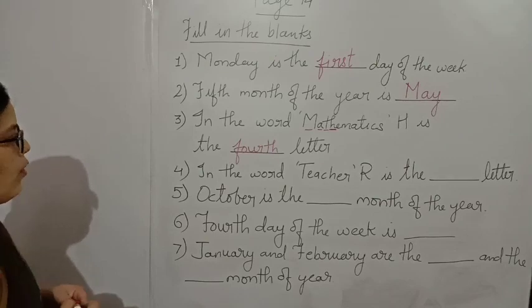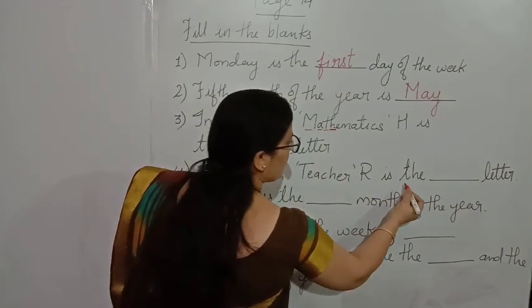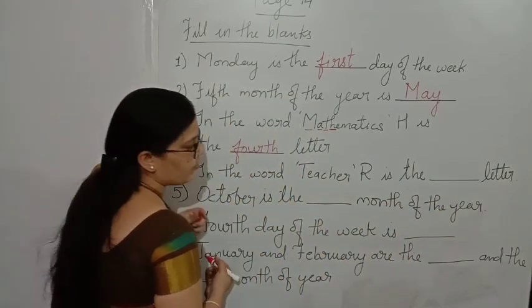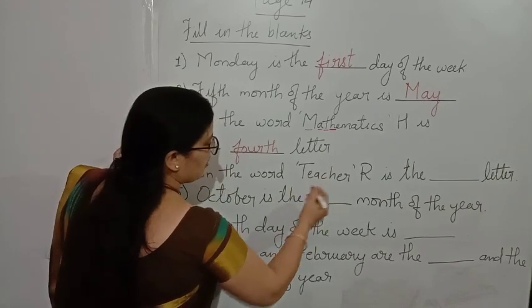Now the fourth one: in the word teacher, R is the dash letter. Here again you have to write the position of the letter R in this word.